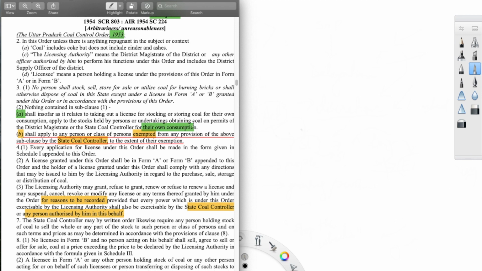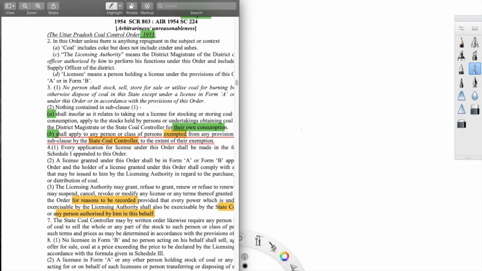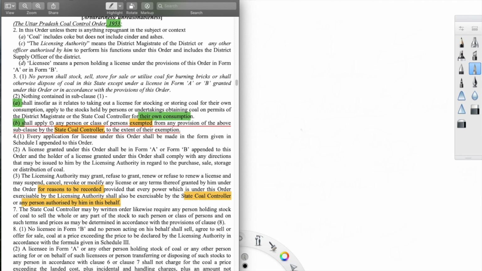There should not be any problem. But the problem is in clause B, where it says that nothing in the order will apply to any person or class of persons who are exempted from the provisions. By whom? By the state coal controller.